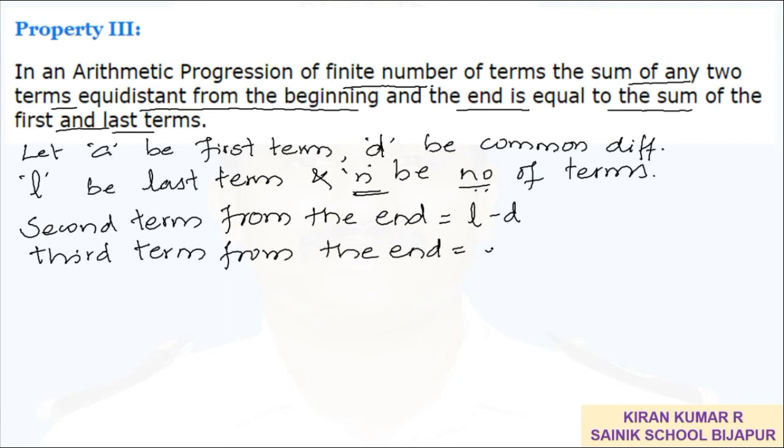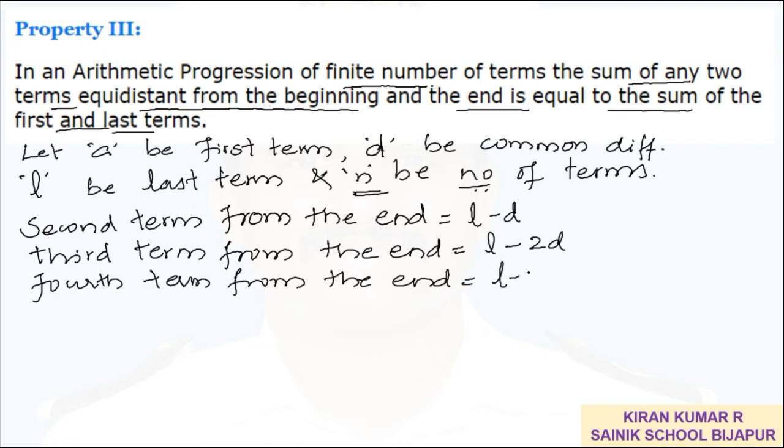It will be L minus 2D, because the common difference has to be subtracted from the second term. So D is subtracted from L minus D. It results in L minus 2D. The fourth term from the end is L minus 3D.